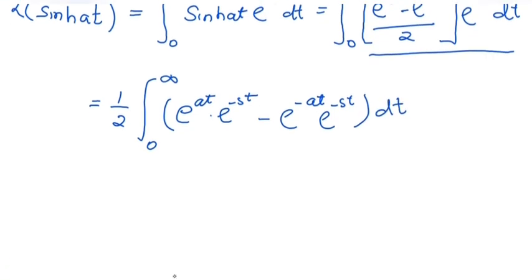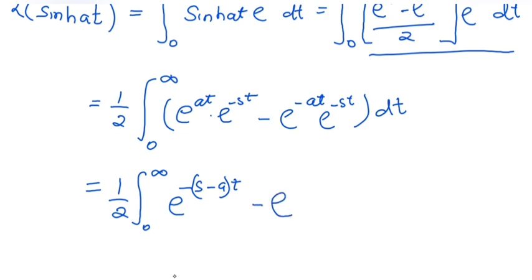Okay guys, and simplifying this further, we're going to have our 1 over 2 stay out, integral 0 to infinity. We'll have e to the power of negative (s minus a) t minus e to the power of negative (s plus a) t dt.